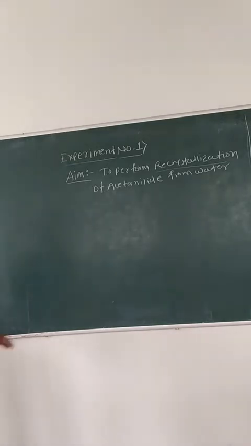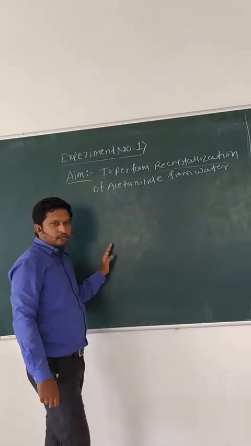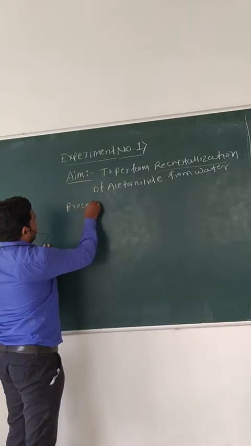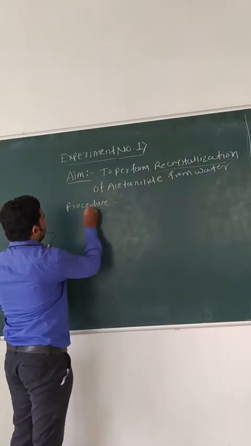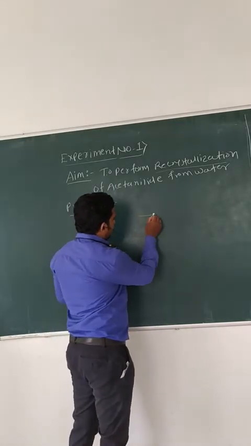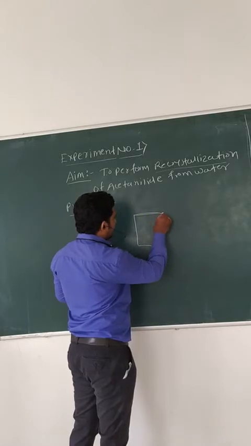Now to perform the recrystallization of acetanilide from water, we have the procedure. First of all you have to take a 250 ml capacity beaker.